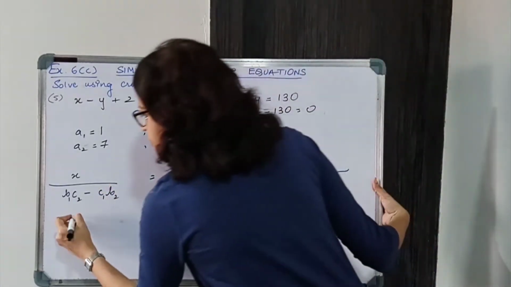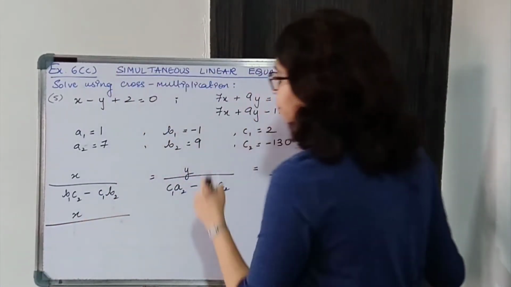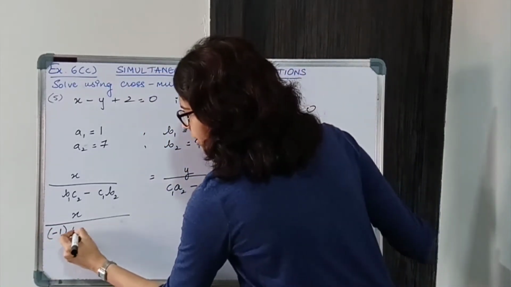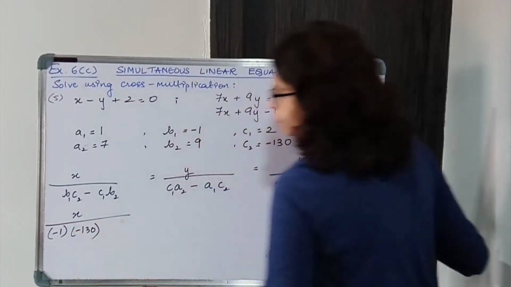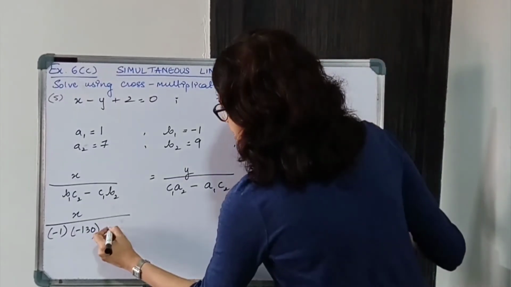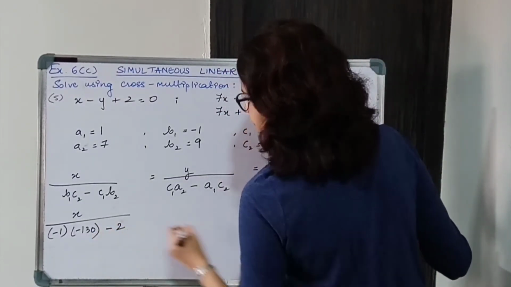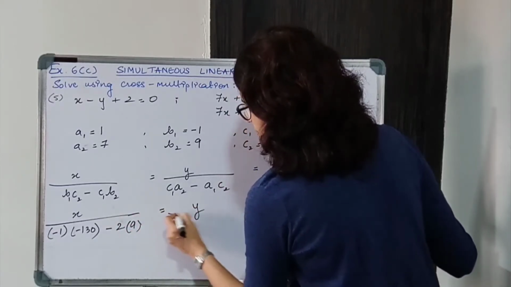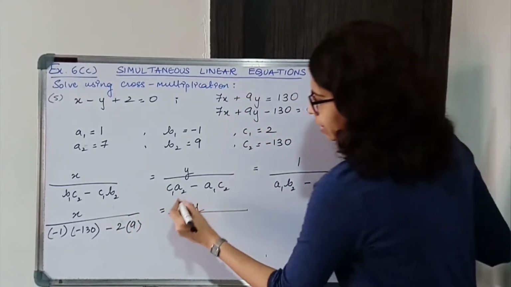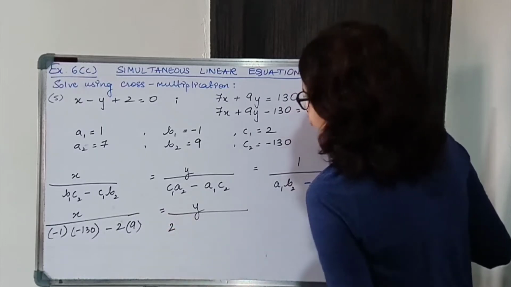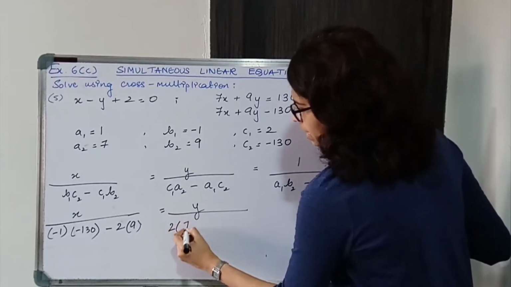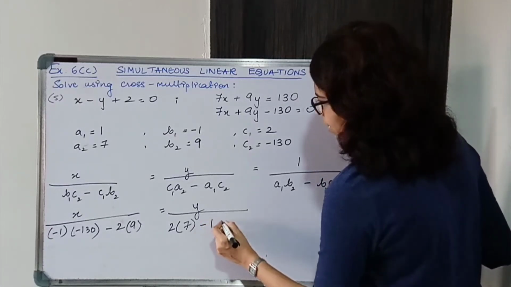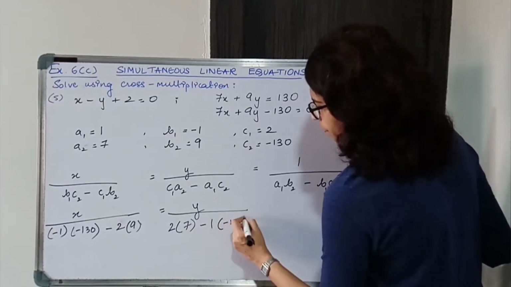Now substitute the values. B1 is minus 1, C2 is minus 130, C1 is 2 and B2 is 9. C1 is 2 and A2 is 7 minus A1 is 1 and C2 is minus 130.